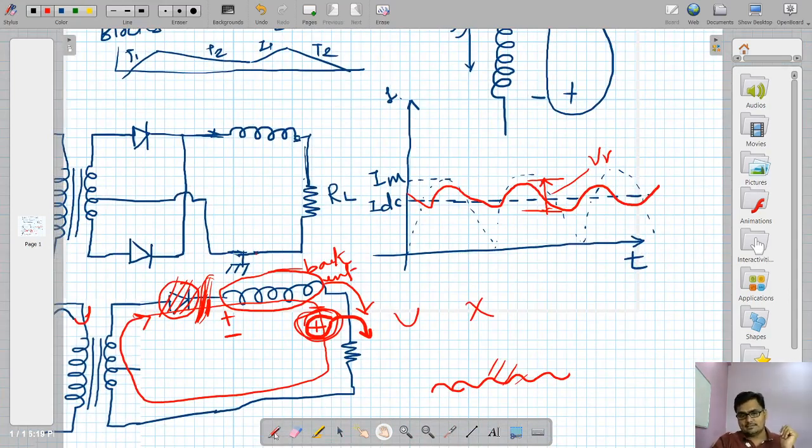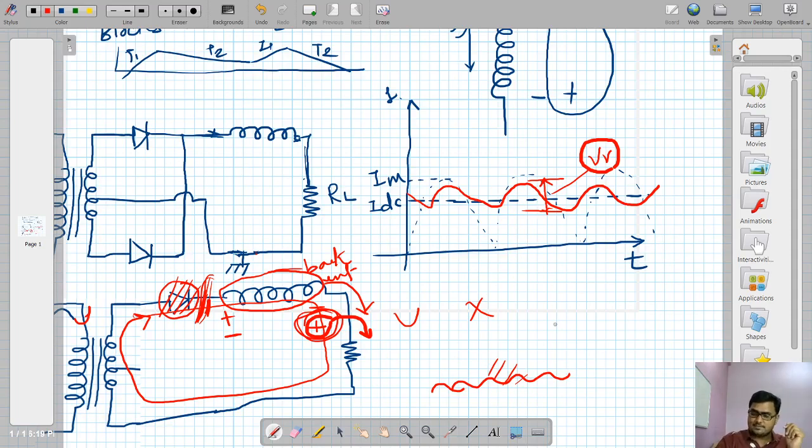Now what is our job? Our job is to analyze this waveform that I got as an output, the red color waveform. And this is a ripple voltage. Now ripple voltage is available. It means that the output is not pure DC. If the output is not pure DC, it means some ripple components are there.